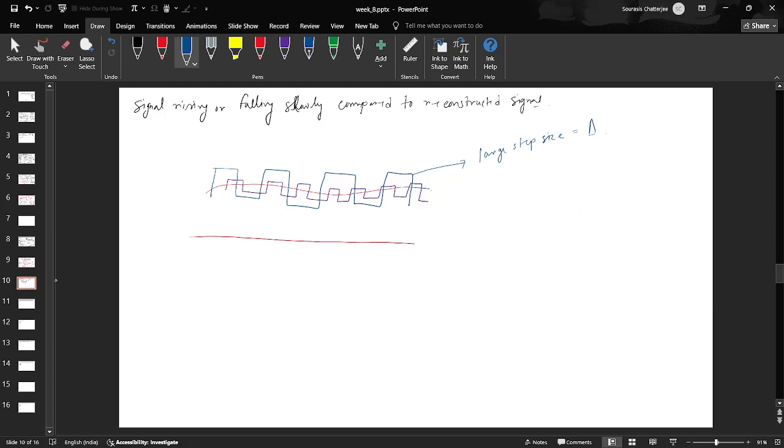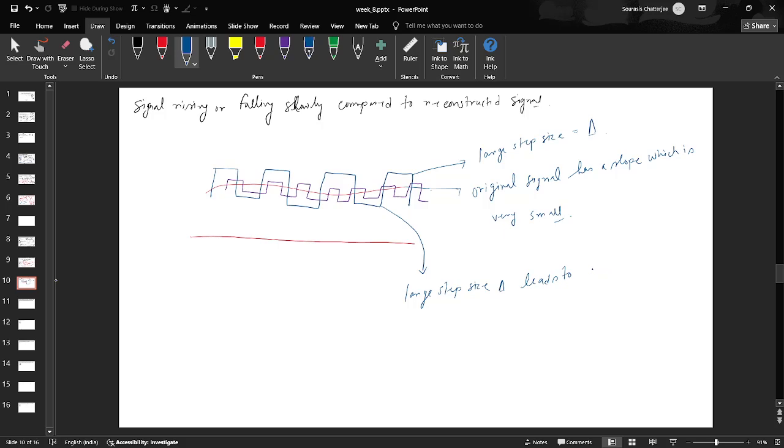You can see that your original signal has a slope which is very small, and what is causing this is the large step size delta.